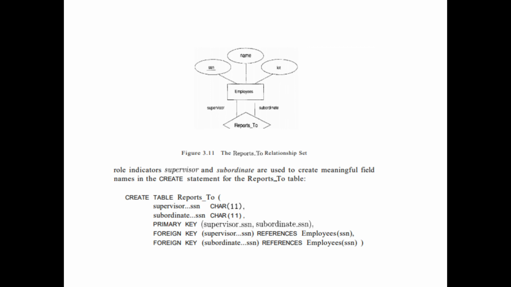The supervisor is also one of the employees, so the supervisor's social security number is also available in the employees table. The second one is the subordinate SSN, which is also available in the employees table. Next we will consider the primary key of supervisor SSN and subordinate SSN.